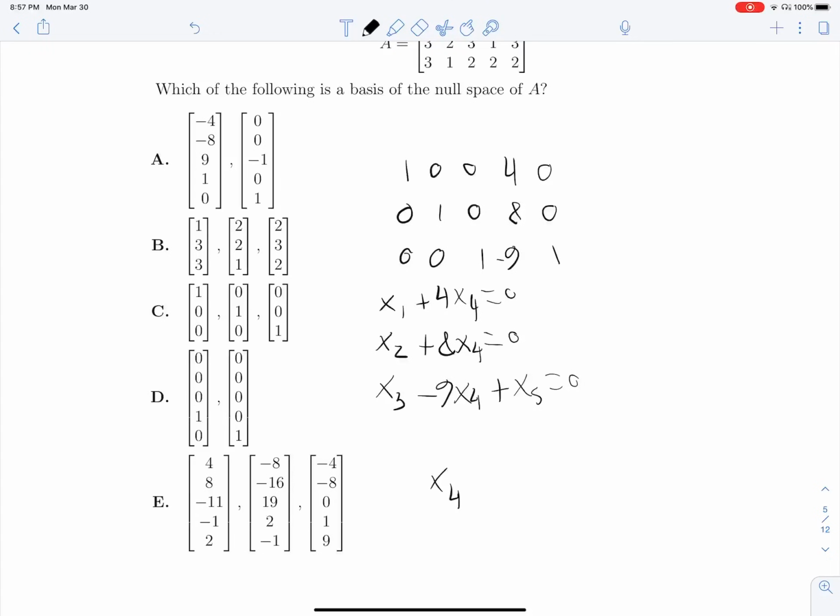We have an x4 vector, where we have to move these over to the right-hand side. So x1 is equal to -4x4, x2 is equal to -8x4, x3 is equal to 9x4, x4 is equal to 1 of itself, and 0x5s. And then we also have x5, which is not dependent on x1, 2, or 3.